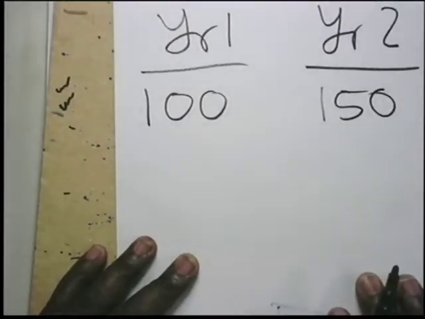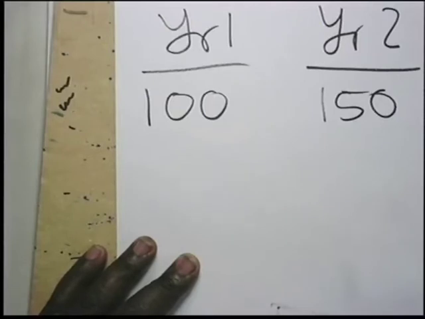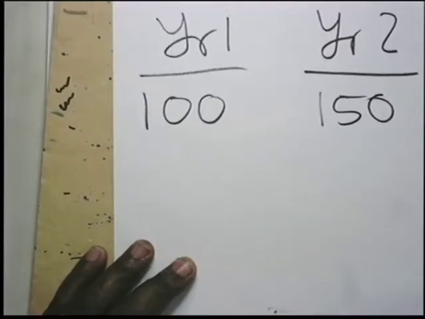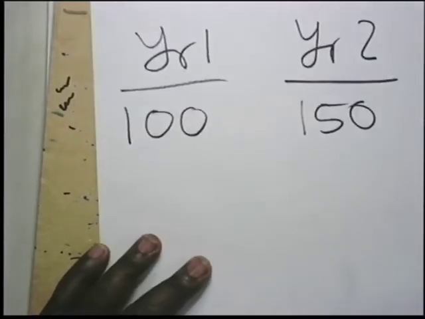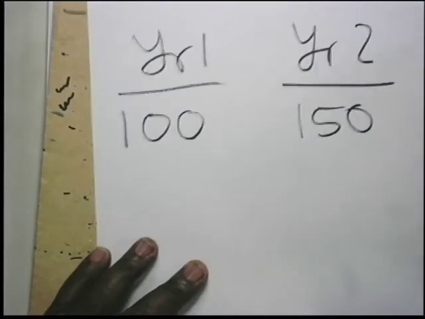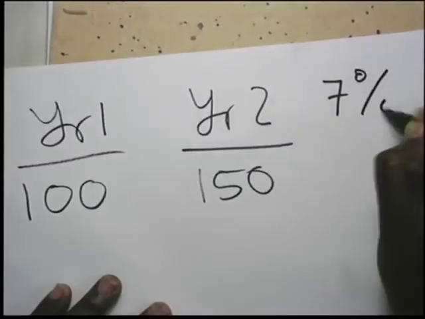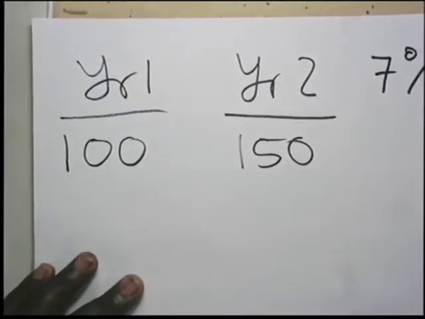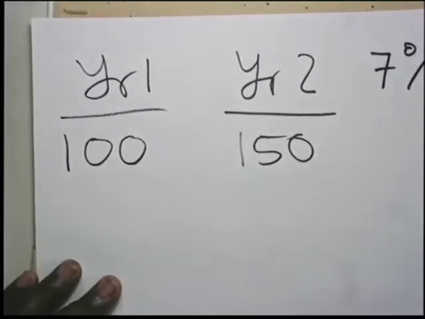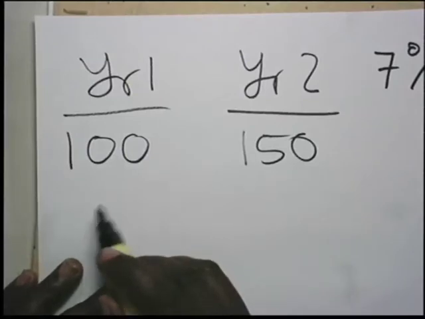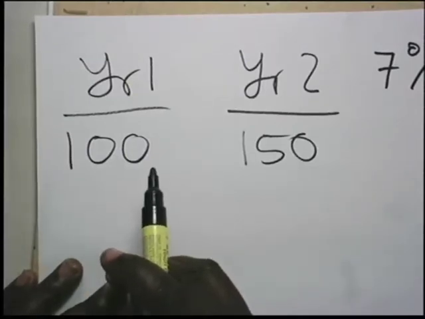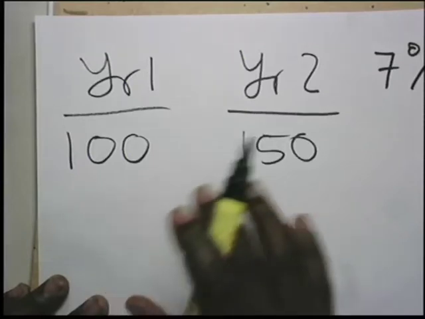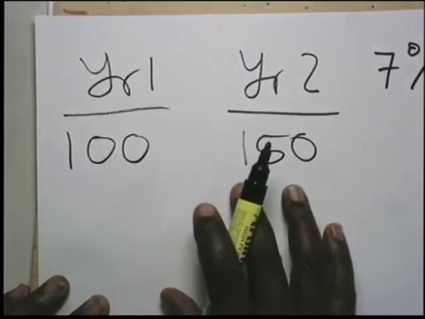And what is happening here is we are compounding these amounts at a rate of 7% per annum. How much would this be? Here is a simple example. We're investing for 2 years, and we are doing these calculations at the end of the year.